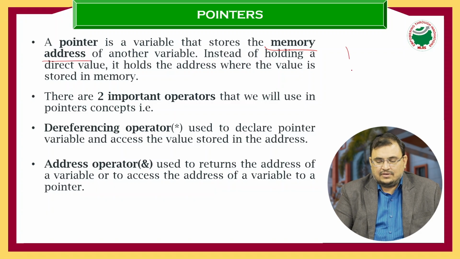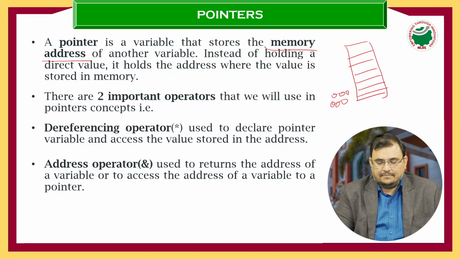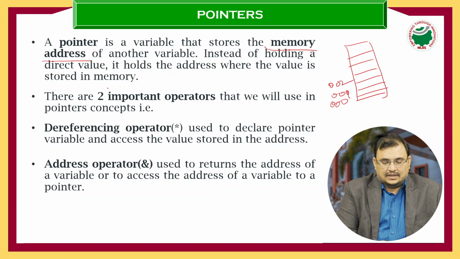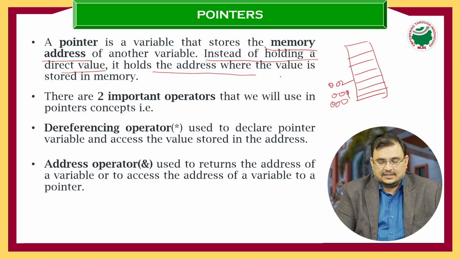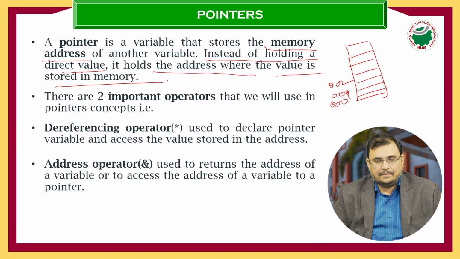The memory is divided into a number of locations, and each location is identified by some address. Instead of handling a direct value, the pointer holds the address where the value is stored in memory.